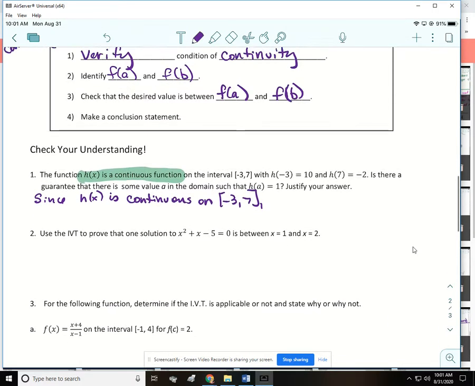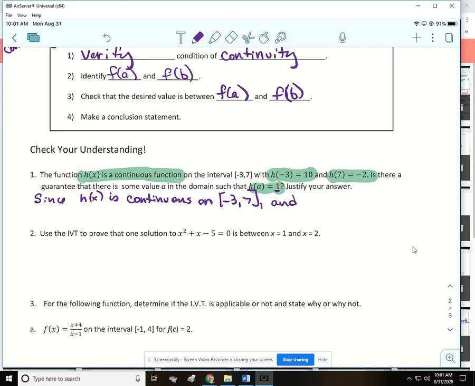They told us h of a and h of b. So h of -3 is 10, h of 7 is -2. What we want to do is make sure what we're looking for falls in between that. So 1 does fall in between, so we're looking for 1. So we would say and.